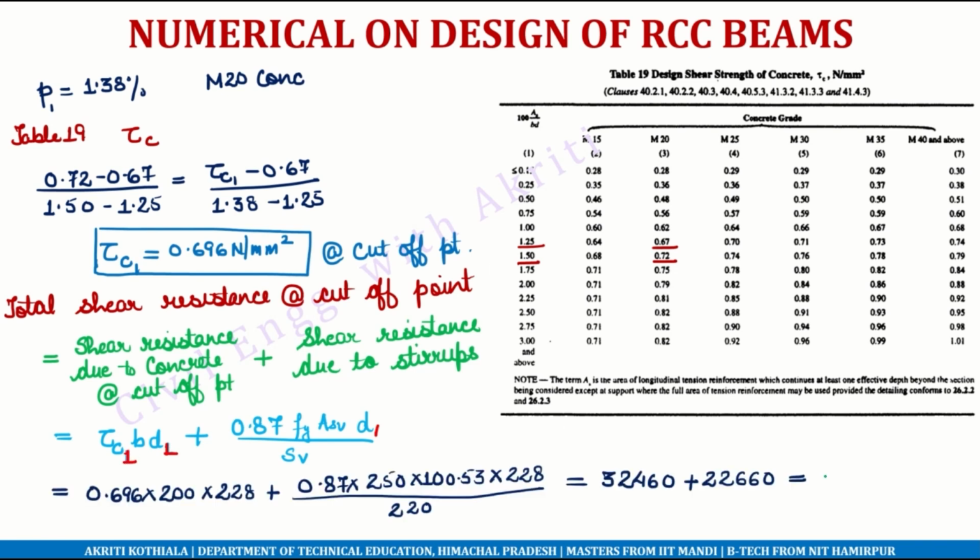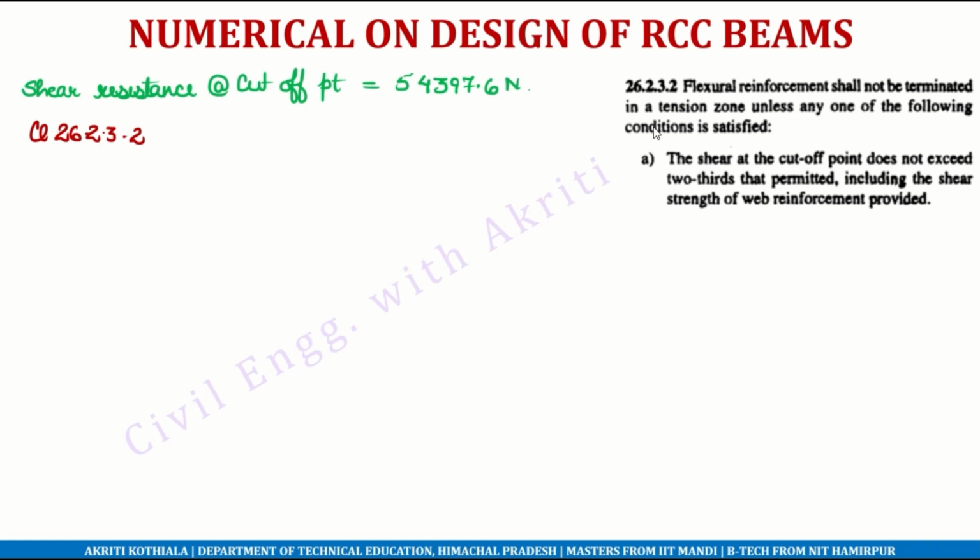So on substituting the values, we have obtained the total shear resistance equal to 55120. I'm sorry, the correct value is 54397.6 Newton. So this is the value of shear resistance which we have. Now, as per clause 26.2.3.2, the shear at the cutoff point should not exceed 2/3 of that permitted, including the shear strength of the web reinforcement provided.